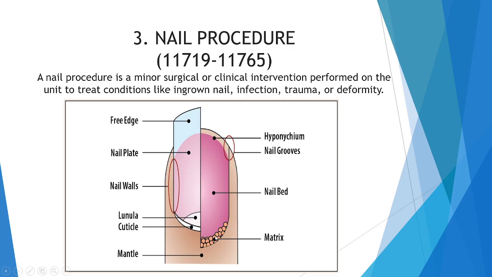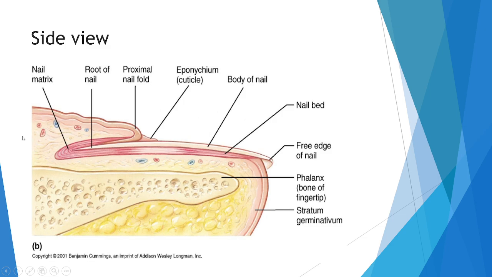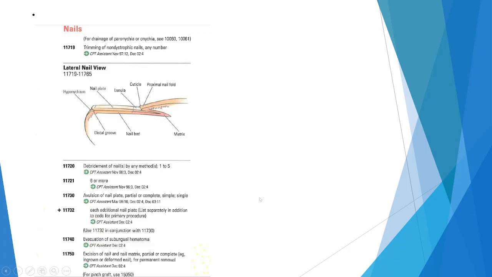There is a matrix as well. In the side view we can see the nail matrix, nail root, and nail bed. Above the nail bed is the body of the nail, and there are the free edges of the nail. So this is the anatomical view. Okay.